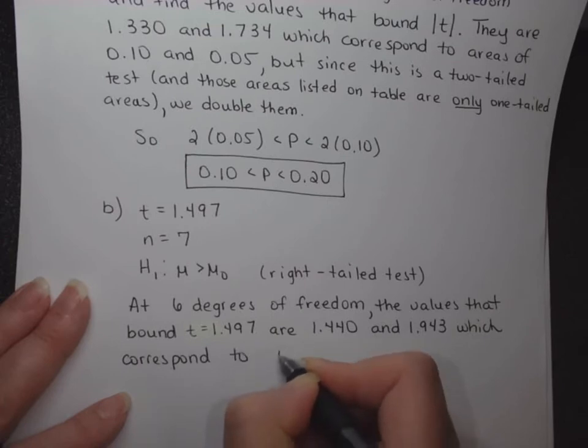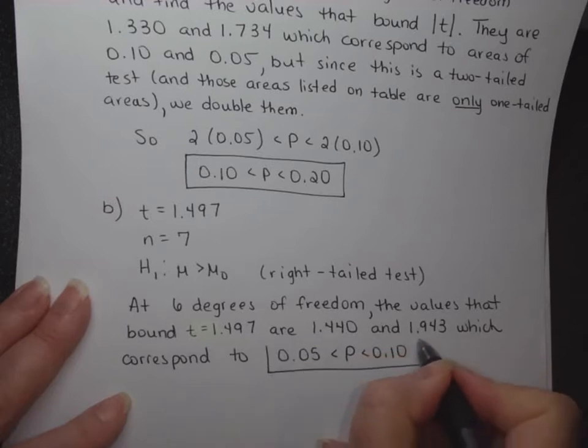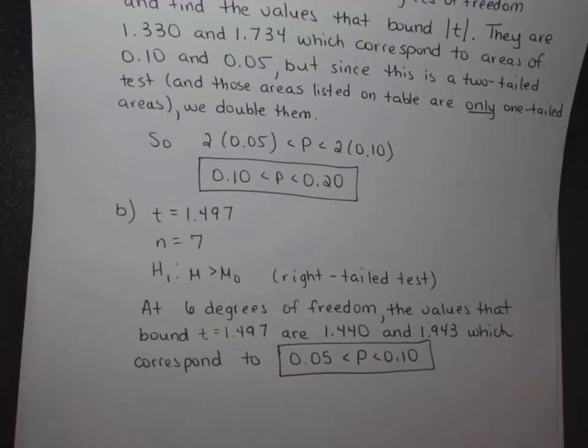The difference here is we don't need to double them because it's a one-tailed test. We only have to double them when it's a two-tailed test.